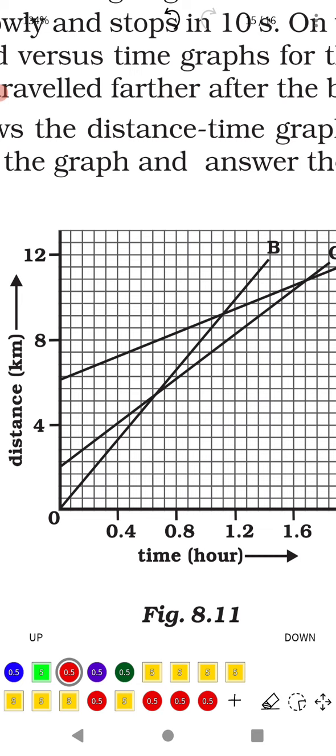How 9.5? Let us check again. This is the point of intersection. From this point of intersection, if you draw one perpendicular, it goes like this. We just need this perpendicular. Now see, this perpendicular on the y-axis, it is intersecting in which division? 1, 2, 3, 4, 5, 6, 7, 8, 9, and I will say that it is 9.5.